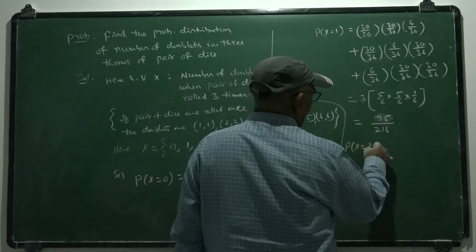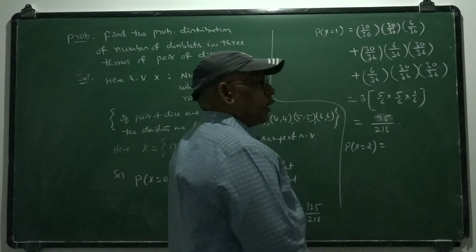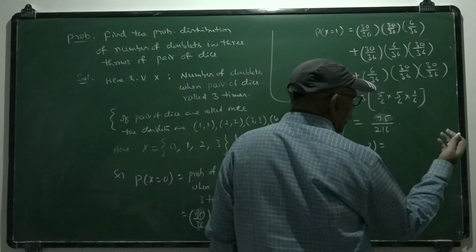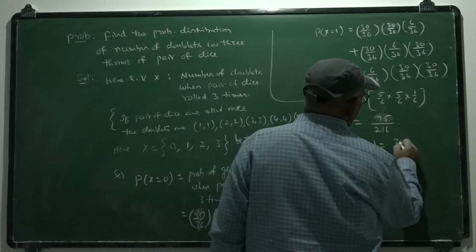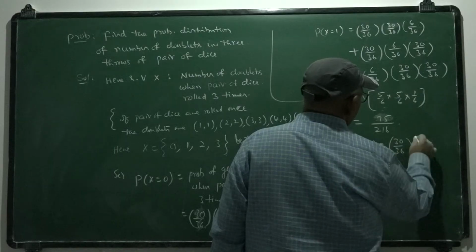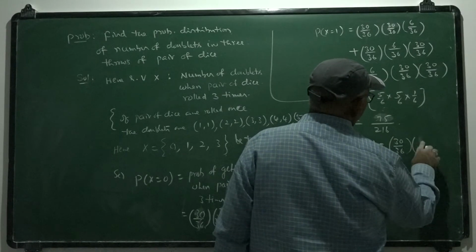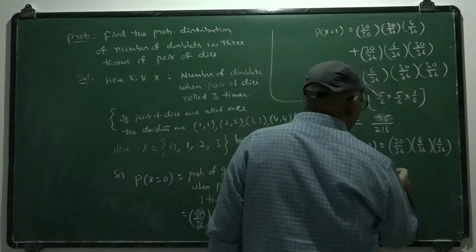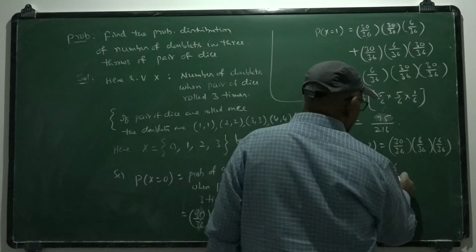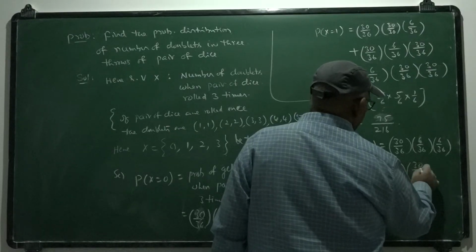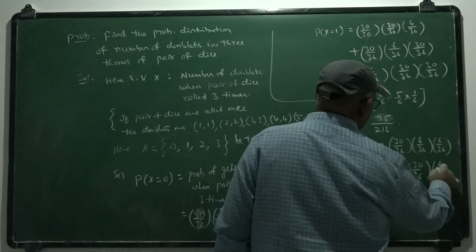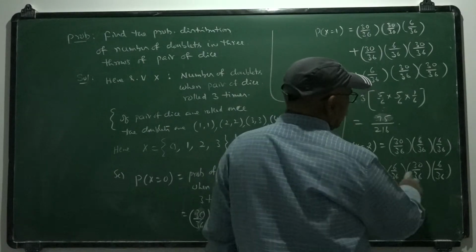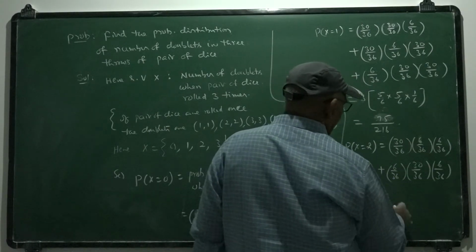Similarly, the probability of getting a doublet twice, that is, in any two attempts getting a doublet. That is 30 by 36 and 6 by 36 into 6 by 36. It may happen as 6 by 36, 30 by 36 and 6 by 36: in the second attempt not getting a doublet and in the other two attempts getting doublets.